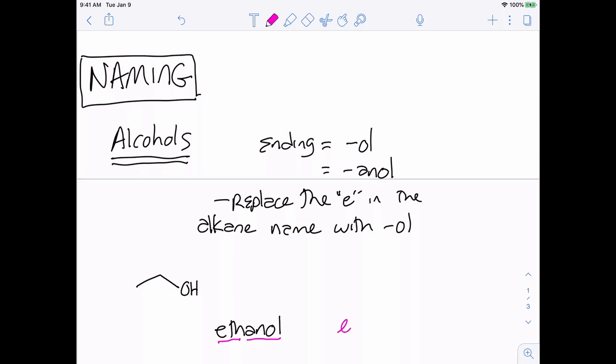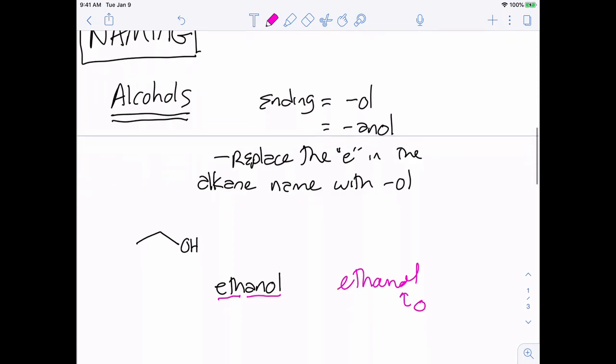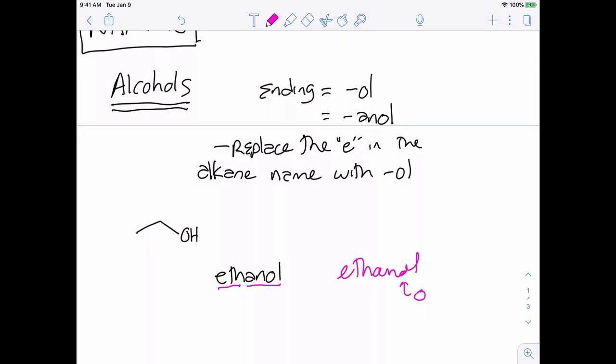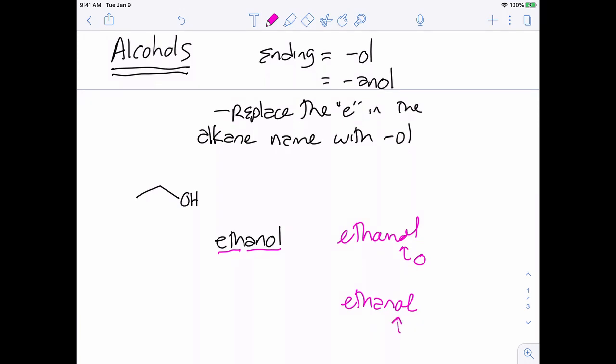If you were to write this, that's pretty bad writing, but it needs to really, really look like an O, because ethanal is a 2 carbon aldehyde. So if you were very unclear, right, you did something like that, and I don't know if it's an O or an A, if I question it, I'm going to mark it wrong.